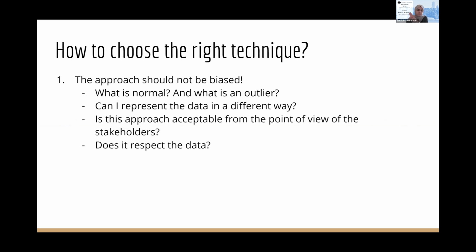Of course, you probably know that we go with the normal distribution. We want our model to fit the normal distribution, and the outliers are the ones that are going to be discriminated against. So you need to see what is normal and what is outlier, and you need to see if there is any possible way to change that, to change the focus and not make it a black and white approach.